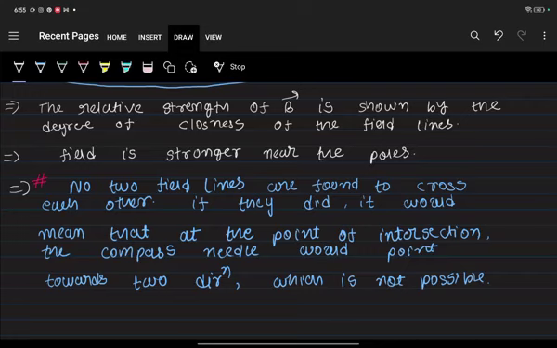Now let's talk about magnetic field due to a current through a straight conductor.